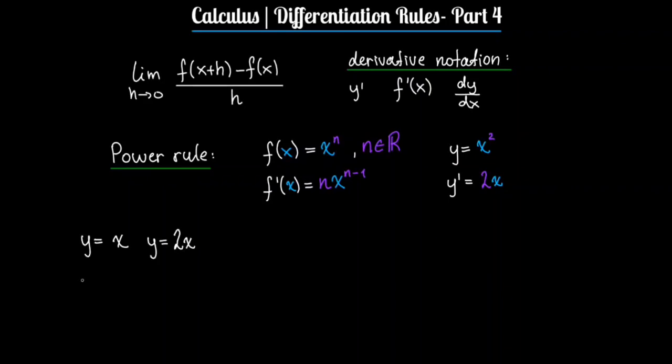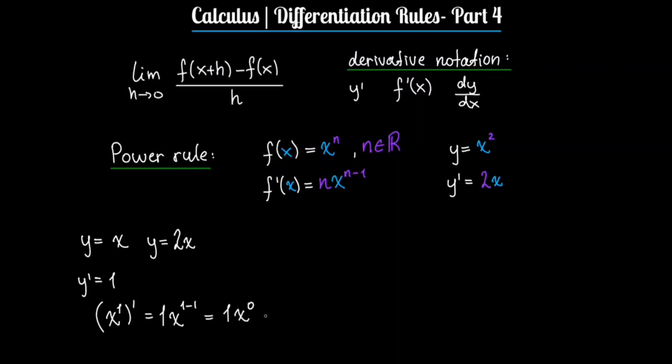Well, in the first case, the y derivative would simply be 1. This is because x originally has the power 1, and once we do its derivative, that means the 1 moves into the front, and then power minus 1, which in this case is 1 times x to the power of 0.